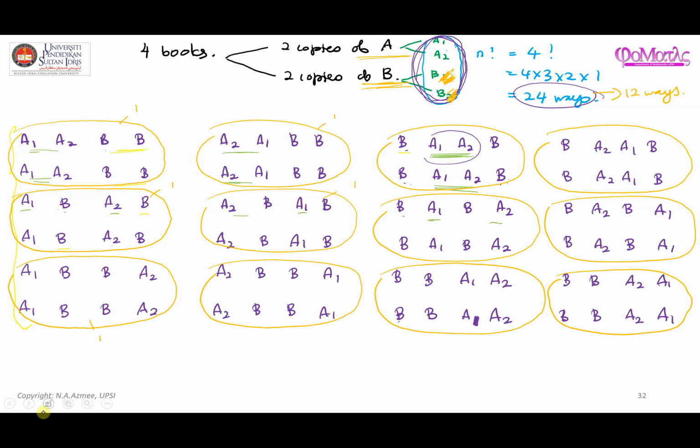Now, what happens if we remove another subscript? We are going to remove this one and this one. Let's see if we remove that one. Now, I'm just going to erase subscripts for A. I'm removing it all.